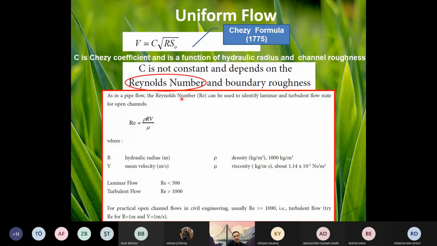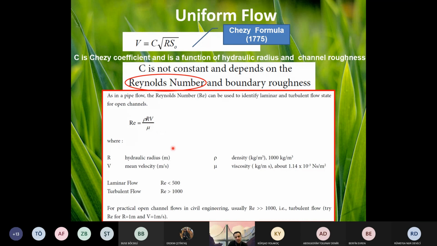Okay, Reynolds number. Here we have some details about Reynolds number. Your book starts to review Reynolds number from pipes, where we already know that Reynolds equals rho v d over mu.